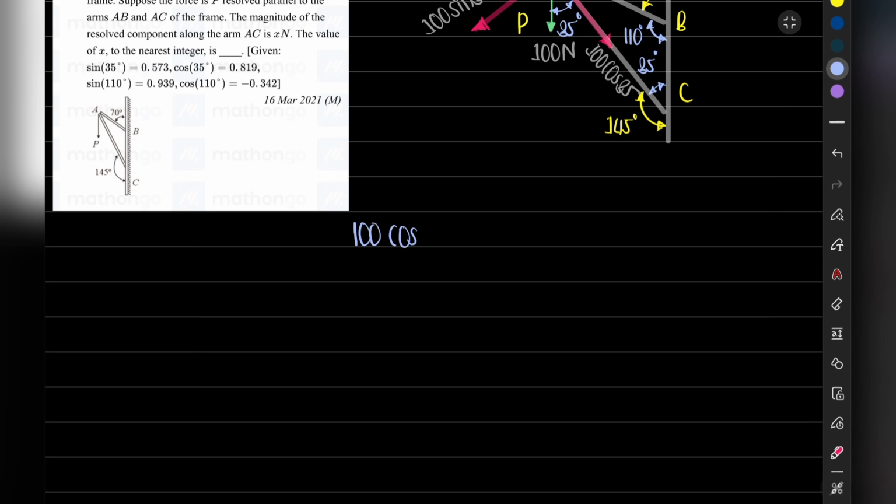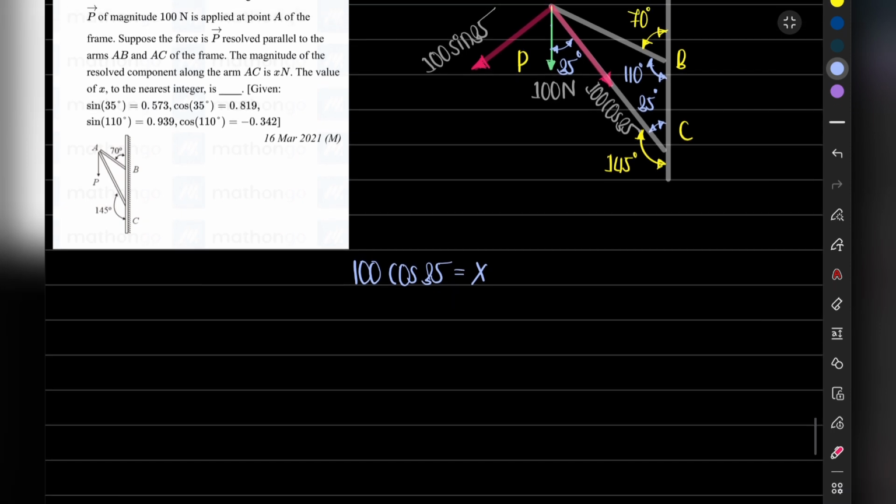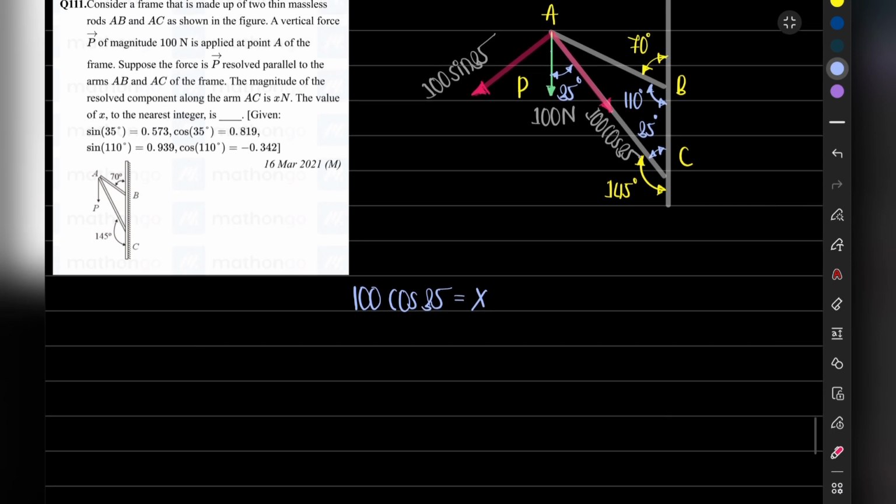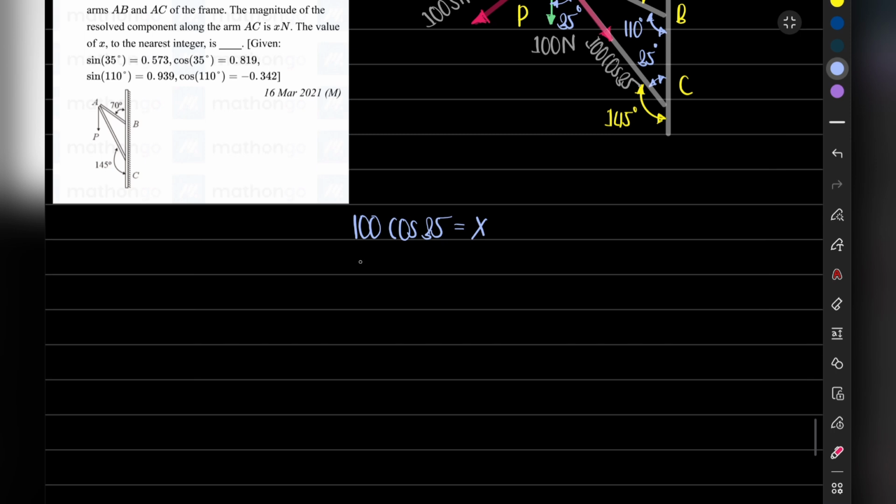We know that this 100 cos 35 is nothing but the x which they have given in the question, because they have said the component along AC is x Newton, and the component which we are getting along AC is 100 cos 35. So 100 will be as it is, and cos 35 they have given in the question, which is equal to 0.819, equals x.